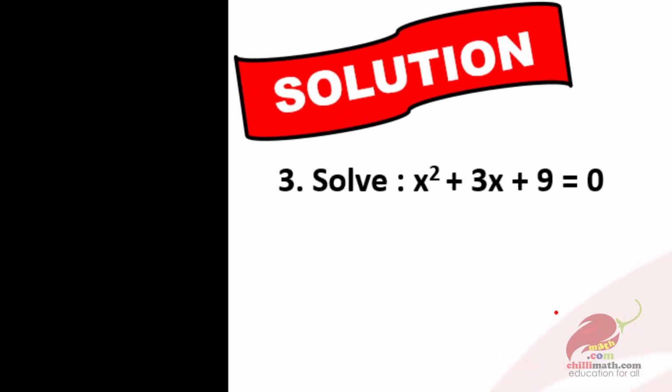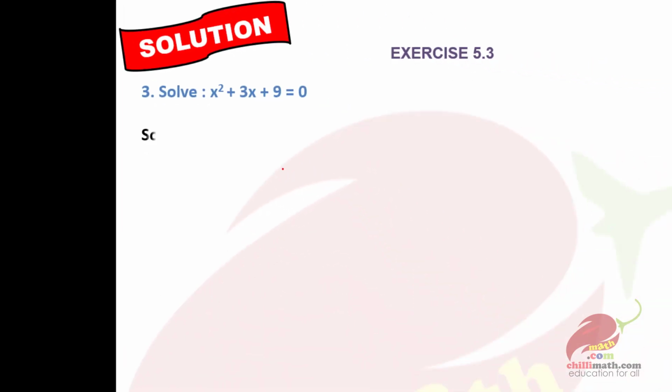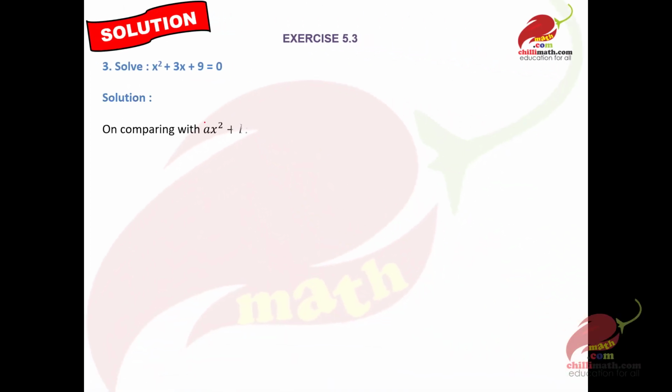Third question is solve x square plus 3x plus 9 equal to 0. Again, comparing with the standard quadratic equation, we get a is equal to 1, b is equal to 3, c is equal to 9.